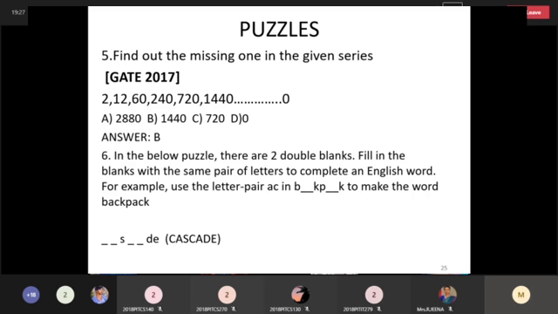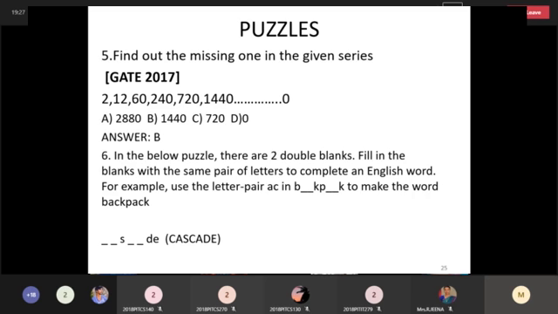The next question, find out the missing one in the given series. This question they have asked in 2017. So 2, 12, 60, 240, 720, and then 1440 up to 0.